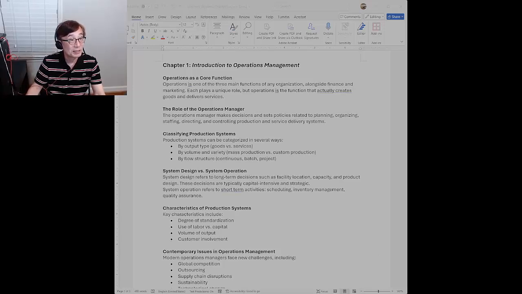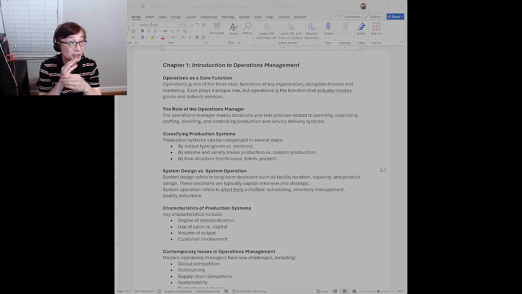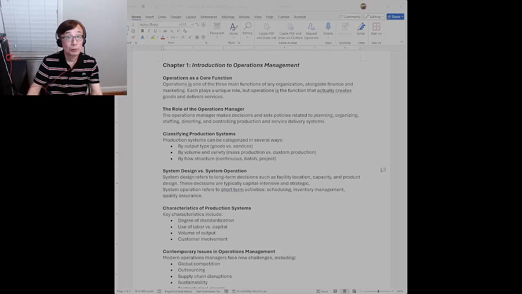Now, system design and system operation, right? When it comes to system design, we're talking about long-term decisions. System operation is short-term, or day-to-day operation. As an example of system design, Amazon makes system design decisions all the time, when it comes to fulfillment centers, whether you're going to build a fulfillment center in a certain area.